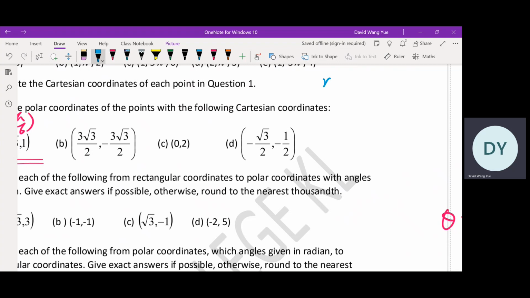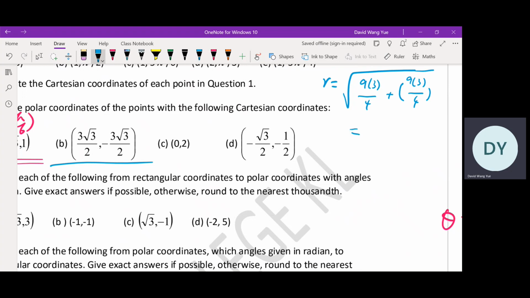For part B, 3√3/2. If I square it, should be 9 times 3/4, plus the other one, negative √3 times 3/2. If you square, it's also 9 times 3/4.